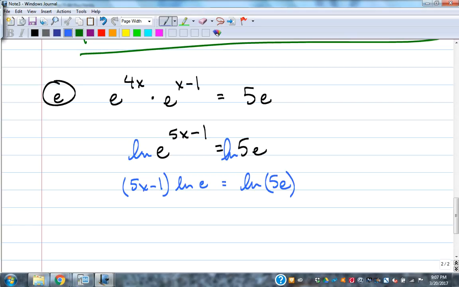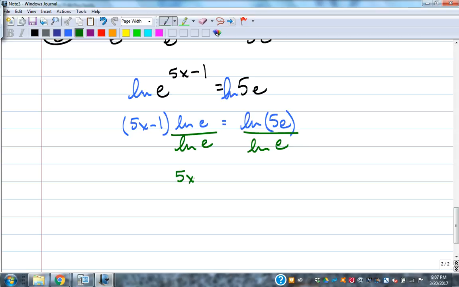So we don't have to do all of that hard work on this one because there's only variables on one side. So we just divide by the natural log of e. Remember that's 1. That's just 5x minus 1 equals natural log of 5e, and technically it's over natural log of e. And then it's just simple solving of an equation to get x by itself. So I'd add 1 and divide by 5.